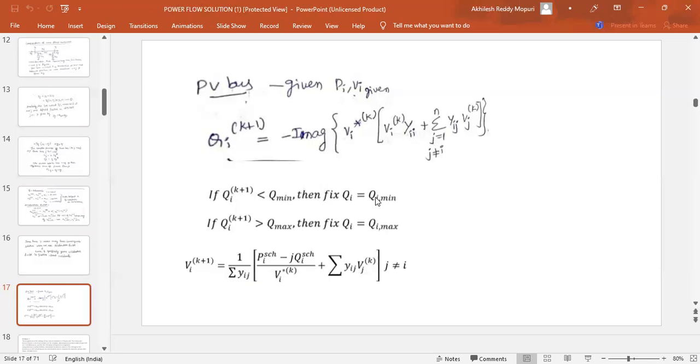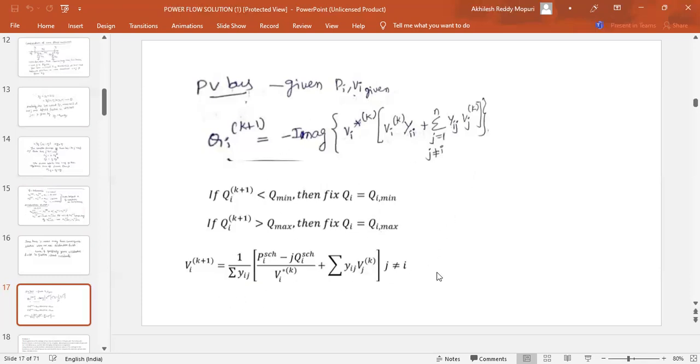Then, fixing that Q and taking the given P and neglecting this voltage, proceed as a PQ bus. When you are proceeding as a PQ bus, remember you should not take this Vi. Why? Because this voltage is for a PV bus. For a PQ bus, only P and Q will be known. P is given, Q you are fixing either minimum or maximum. So voltage should be taken as flat start, not the given voltage, and proceed as a PQ bus.